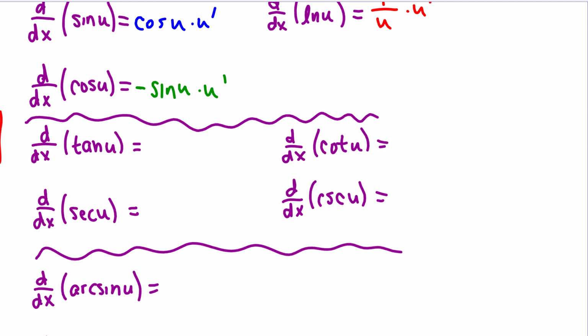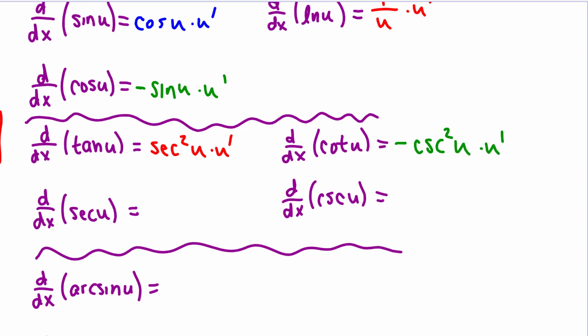These next 4 are important to know, but maybe not as important as the ones above it. So the derivative of tangent of u is secant squared u times u prime. The derivative of cotangent u is negative cosecant squared u times u prime.